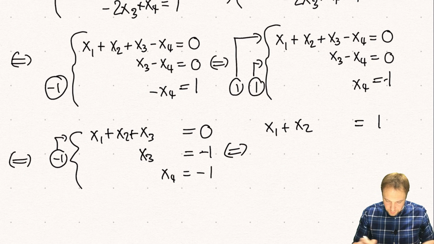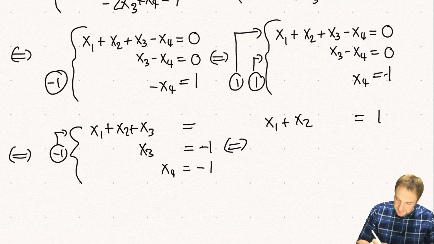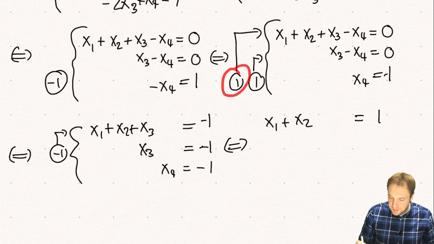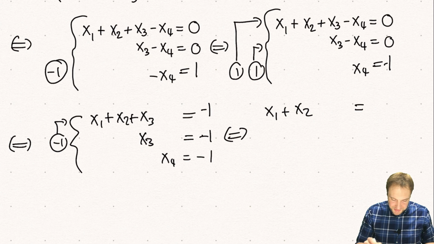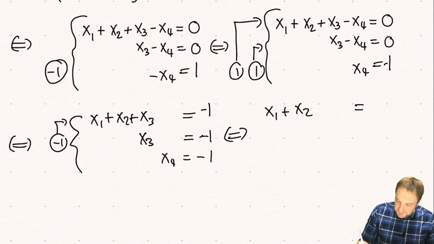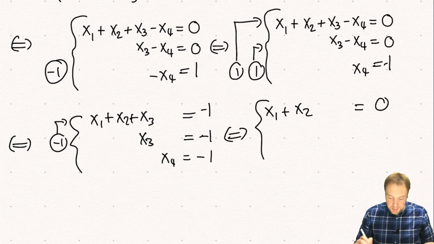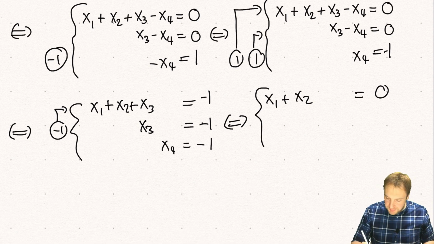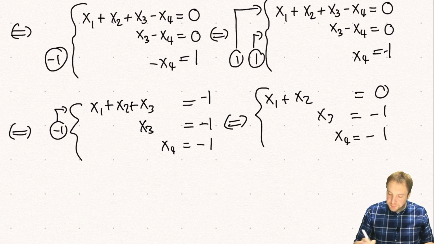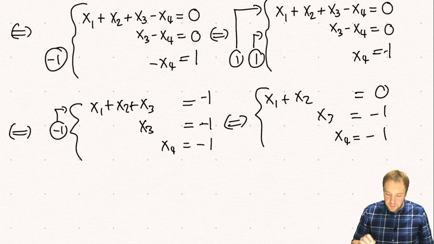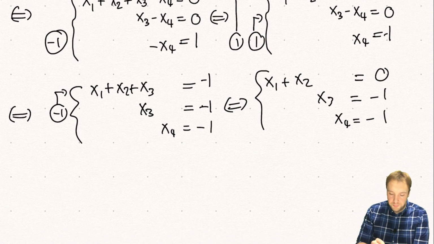So we also have here it's -1, because here we also added the -1 there. So if I subtract the -1 there, I also have a 0 here. Sorry. And here we still have x3 equals -1. And here we didn't do anything. Okay, and this is our final form.